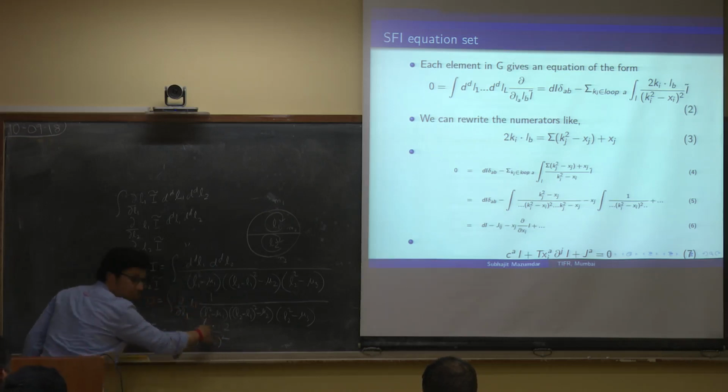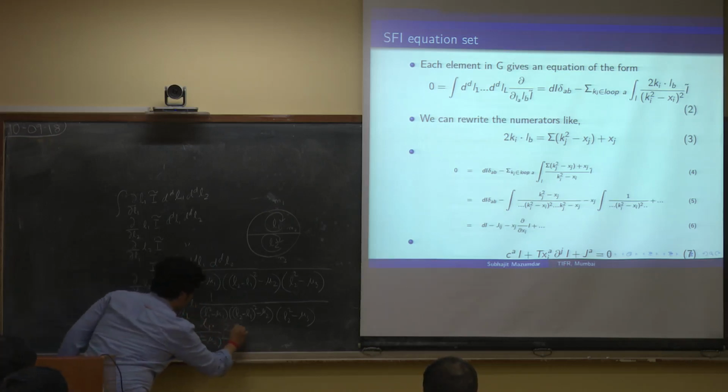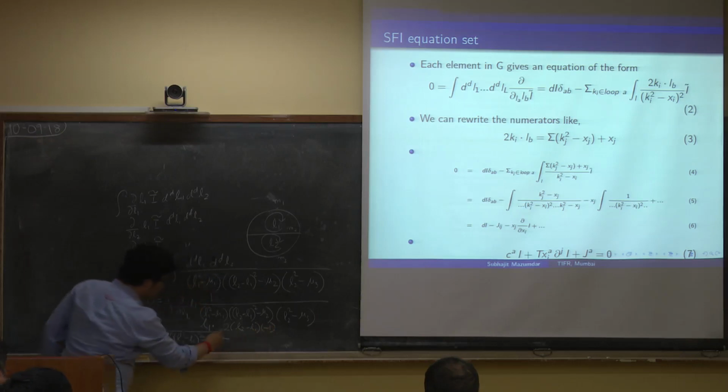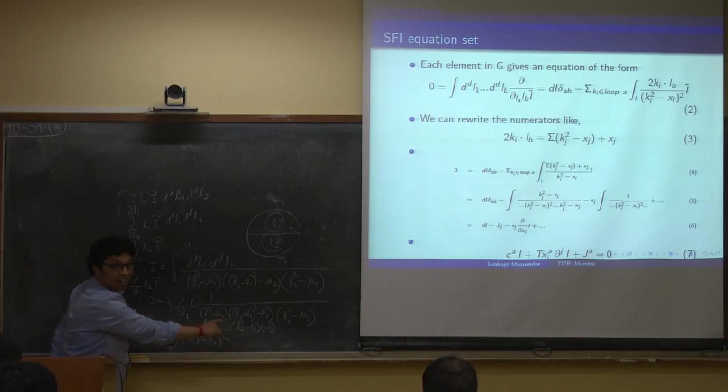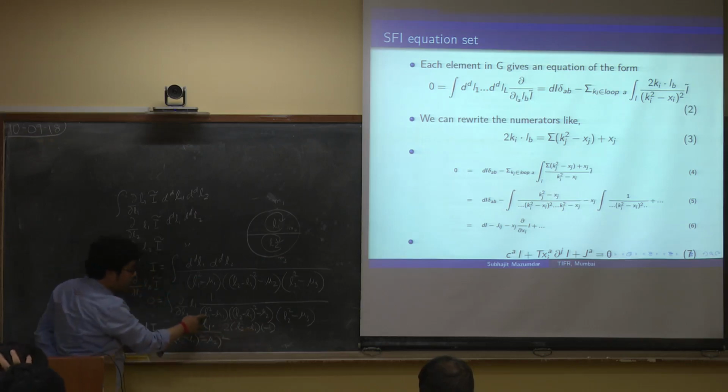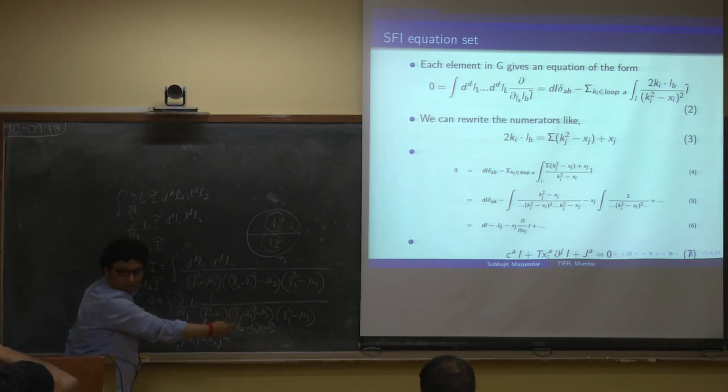See, there will be 2 L1 dot L2, and there will be L1 squared, 2 L1 squared. A 2 L1 squared I will write with the help of this propagator, 2 into L1 squared minus mu 1 plus 2 mu 1.